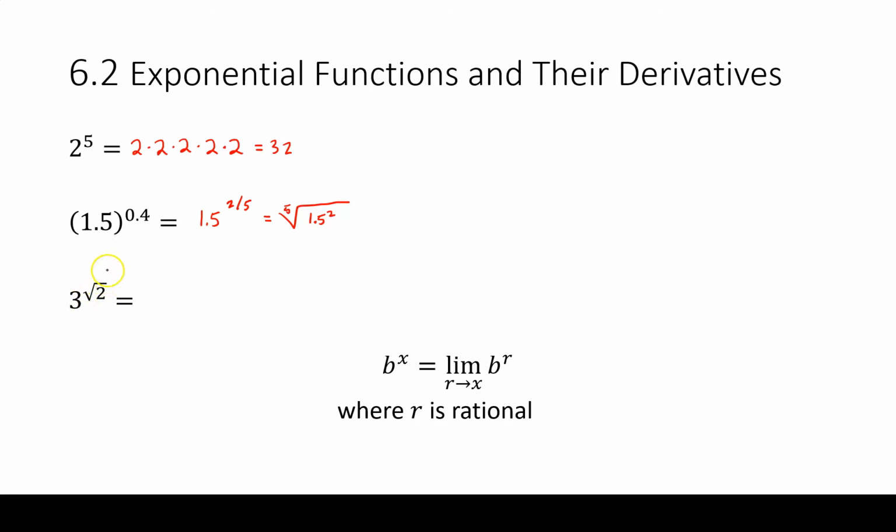For instance, here, square root of 2 is irrational, but it can be approximated by a rational number. Because we can evaluate the exponent with any rational number, we'll use this approximation of an irrational number with a rational number to find its exponent.